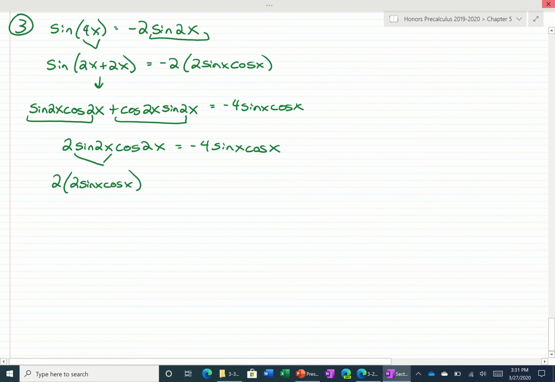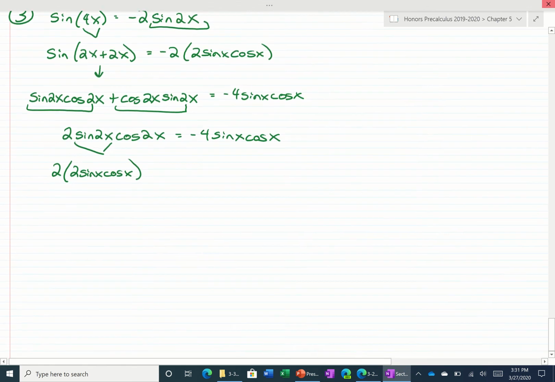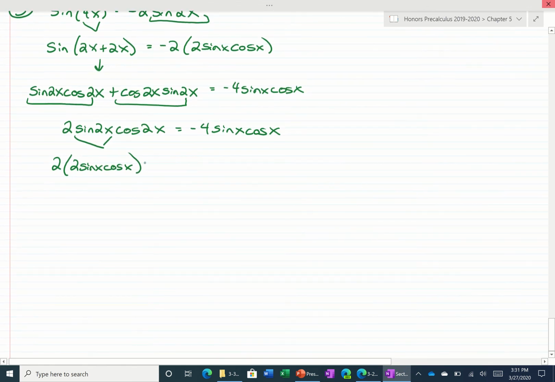And for the formula for a cosine of 2x, we have a few other formulas we could choose from, but let's see what we could do. We could write this cosine of 2x as 1 minus 2 sine squared of x.